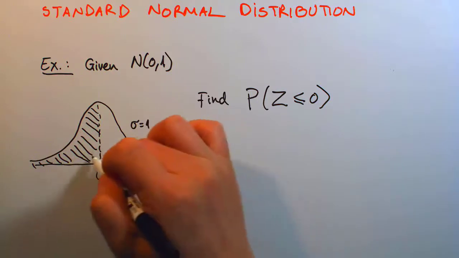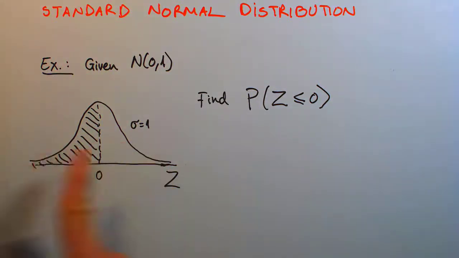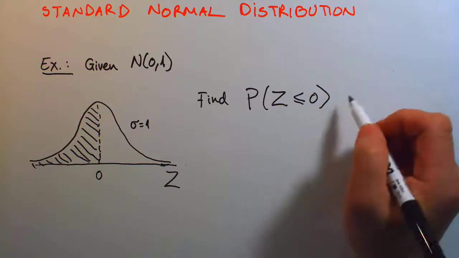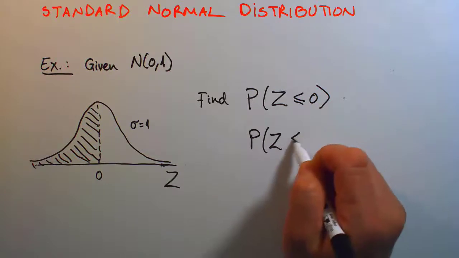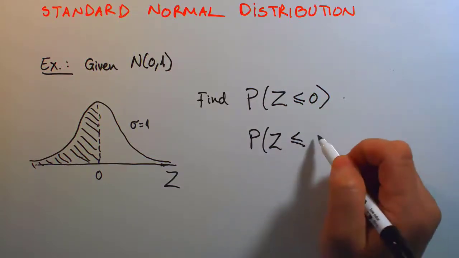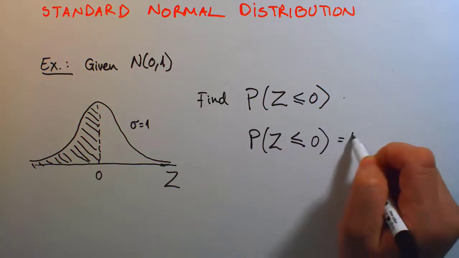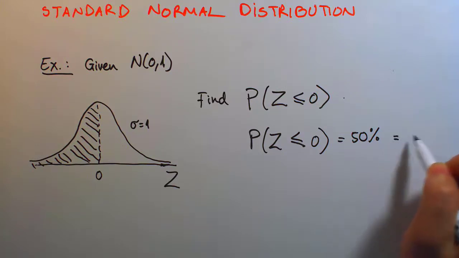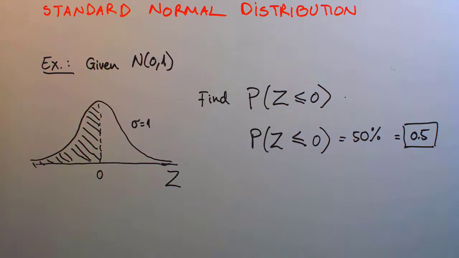And so this area I'm shading is exactly one half of the entire area inside a bell curve. So this answer here, without any need to do special math, is simply 50%. So the probability that our z value takes place less than or equal to 0 is 50%. Now formally in probability terms, we are using decimal answers. So 0.5 is again our final legitimate answer right here.